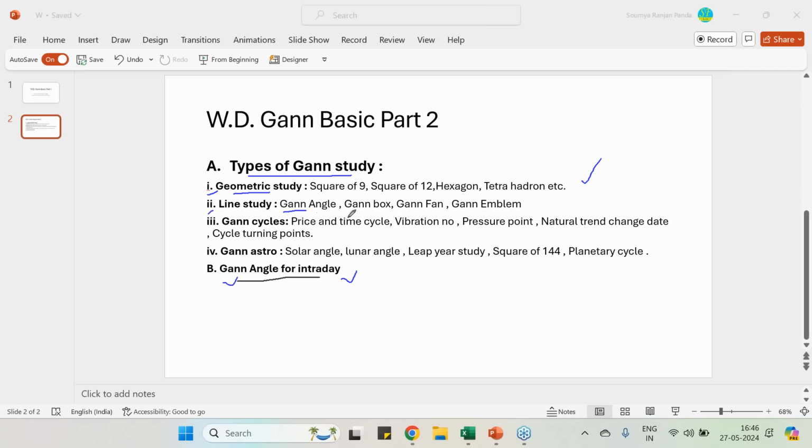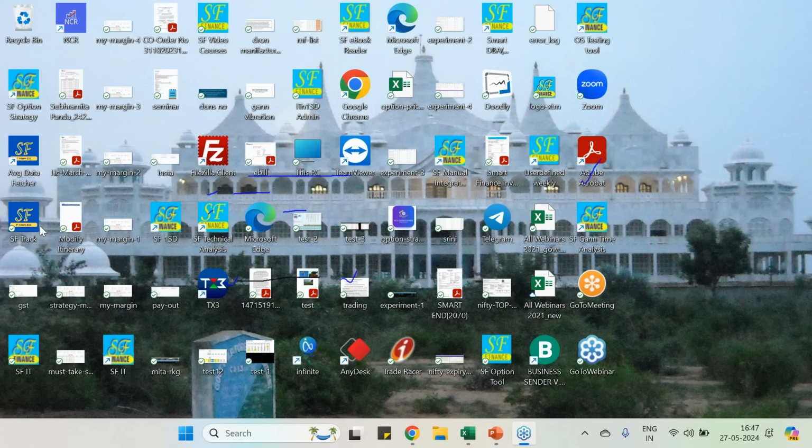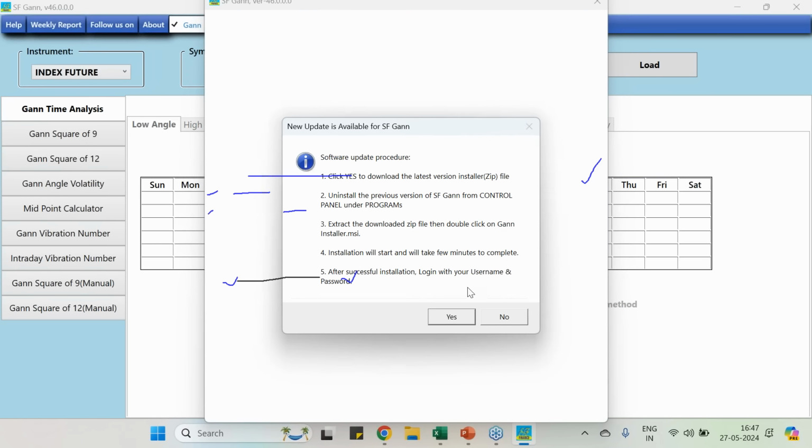Then the line studies. Here Gann study has a unique nature: whatever study you use for price analysis, the same study you can utilize for time analysis. If you go through our Gann price time analysis software, here you can do price analysis and time analysis also.